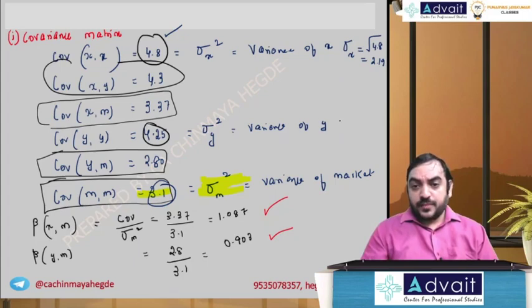Similarly, the standard deviation of Y is the square root of 4.25, which is 2.06.